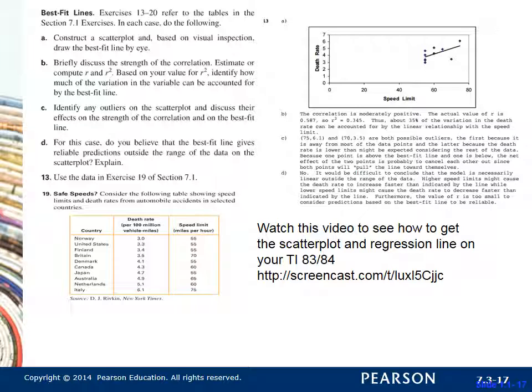Briefly discuss the strength of the correlation. All right, I discussed that on the video as well, but basically my R value, my correlation coefficient, is about 0.59, so that's moderately strong, so we could use it to make some predictions. Based on my value for R squared, my R squared is 0.345.